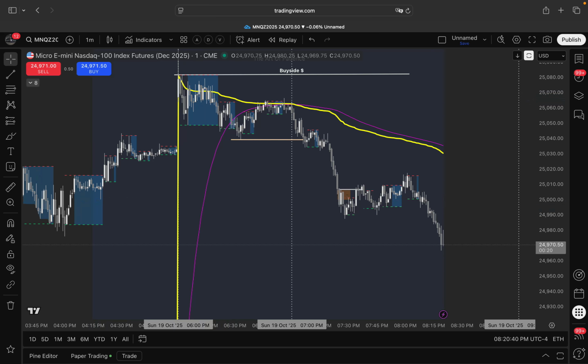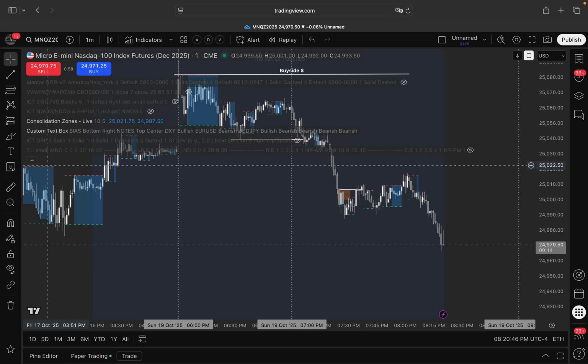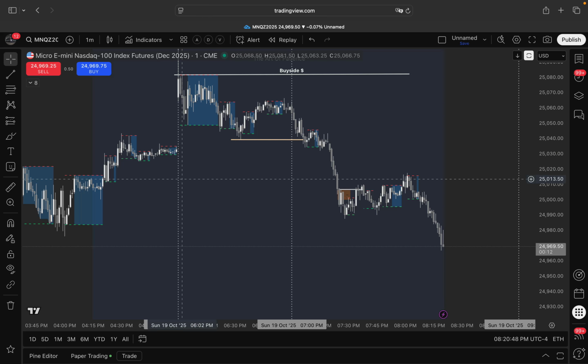So let me go ahead and just remove this indicator, that way it doesn't confuse anyone for now. And then I'll go over the indicators once I go over the time frames.